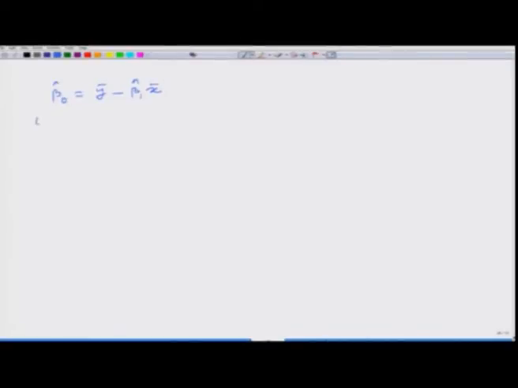So, we try to find its expectation. The expected value of beta 0 hat is nothing but the expected value of y bar minus beta 1 hat x bar, and if you rewrite it, y bar is nothing but beta 0 plus beta 1 x bar, minus beta 1 hat x bar.